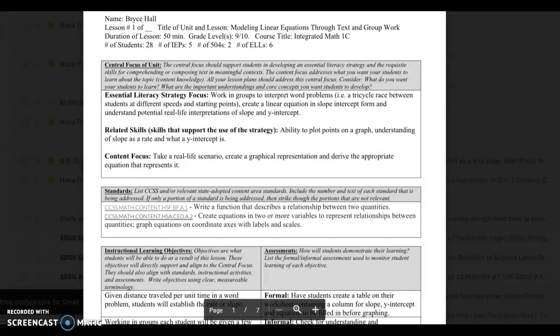Their goal was to create a linear equation in slope-intercept form, and then connect that and understand potential real-life interpretations of the slope of a line and the y-intercept.